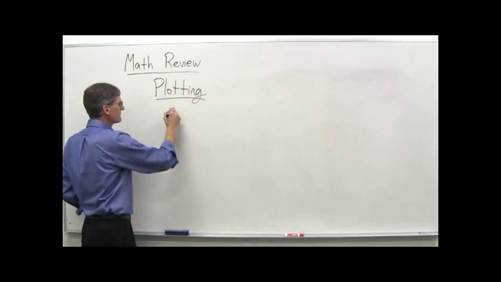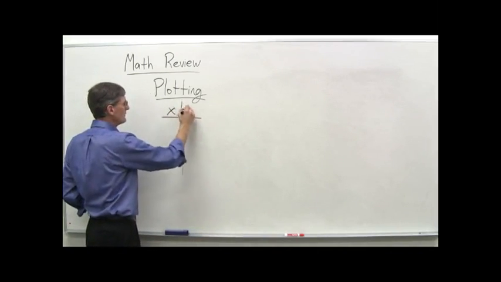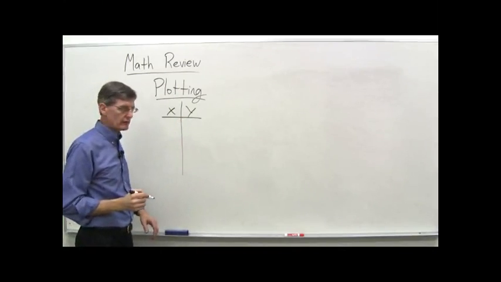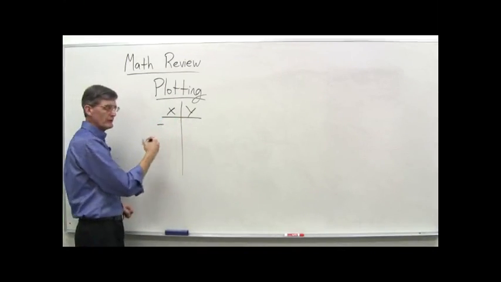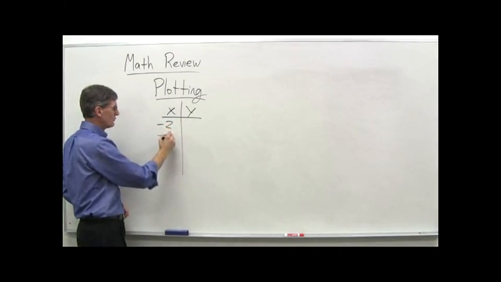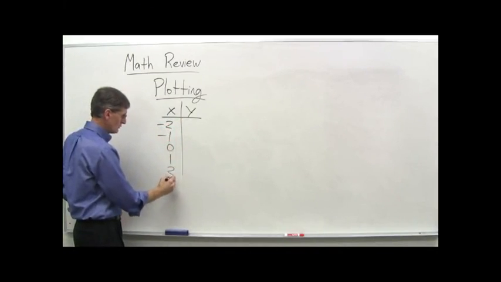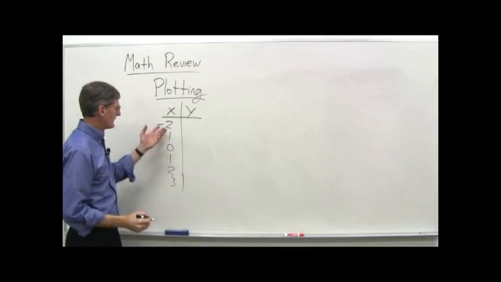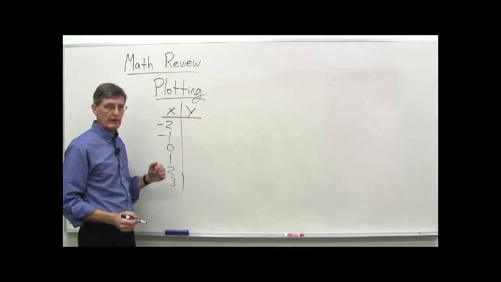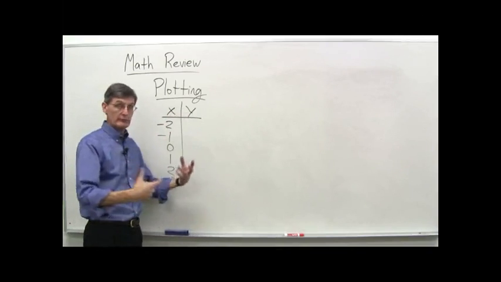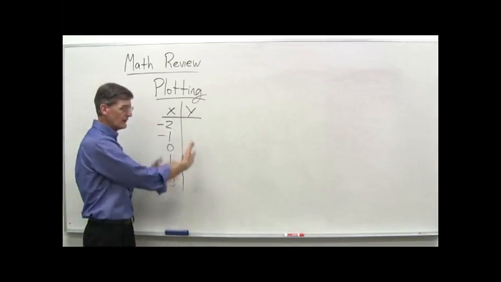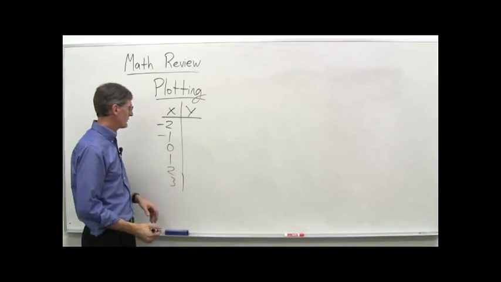So plotting, remember just how that works. If you've got, we'll use x and y now, some x and y values. Maybe the values for x, often we choose these, maybe -2, -1, 0, 1, 2, 3. And given x, we can find a value for y, or maybe they're just given. Maybe there's some experimental data, and we know the x and y values, and we just want to plot them.